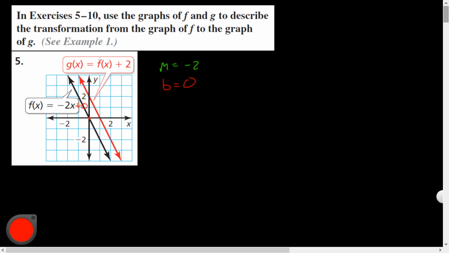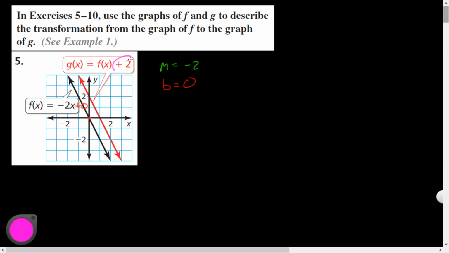So now if I take the function f of x and add 2 after I do the multiply by -2, what type of transformation does that? How does this red line relate to the black line? You're absolutely right.